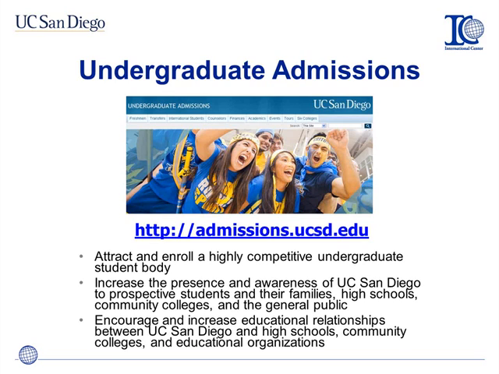The UC San Diego Office of Admissions and Relations with Schools serves more than 82,000 undergraduate applicants each year and also works with current UC San Diego students on transferring coursework from other domestic and international institutions. It is the mission statement of the Office of Admissions and Relations with Schools that they attract and enroll a highly competitive undergraduate student body, increase the presence and awareness of UC San Diego to prospective students and their families, high schools, community colleges, and the general public.